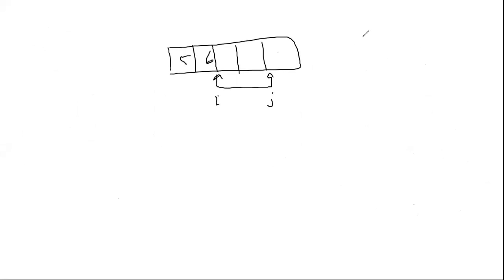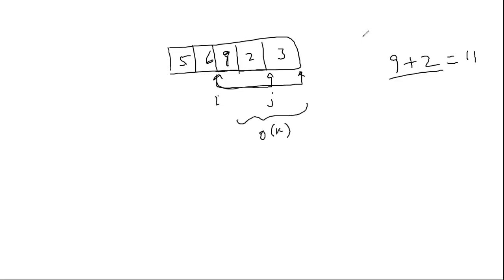Could be 5, 6, 9, 2, 3. Of course, the brute force way would be, between this and this there are two elements, 9 plus 2, which is 11. If this was a bigger one, you would do an O of k operation and figure that out.